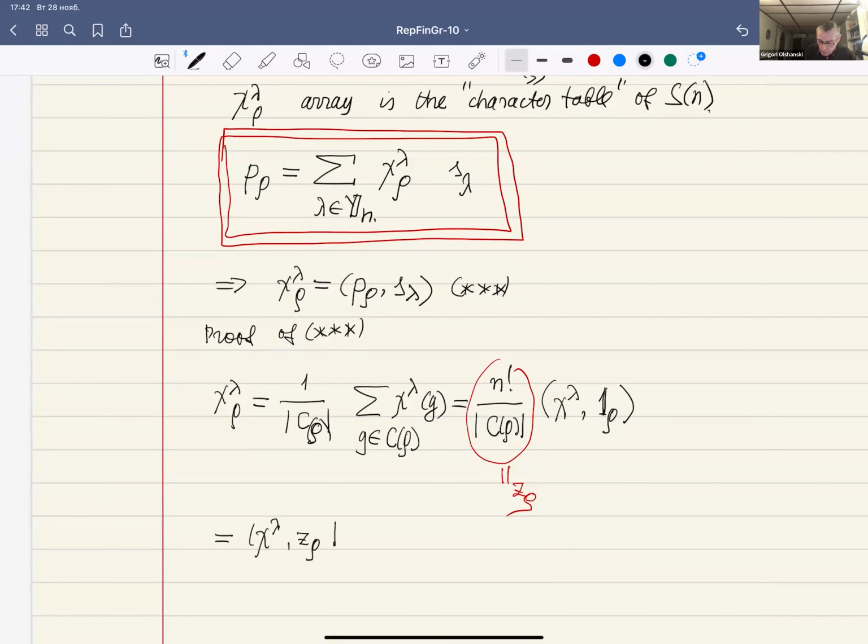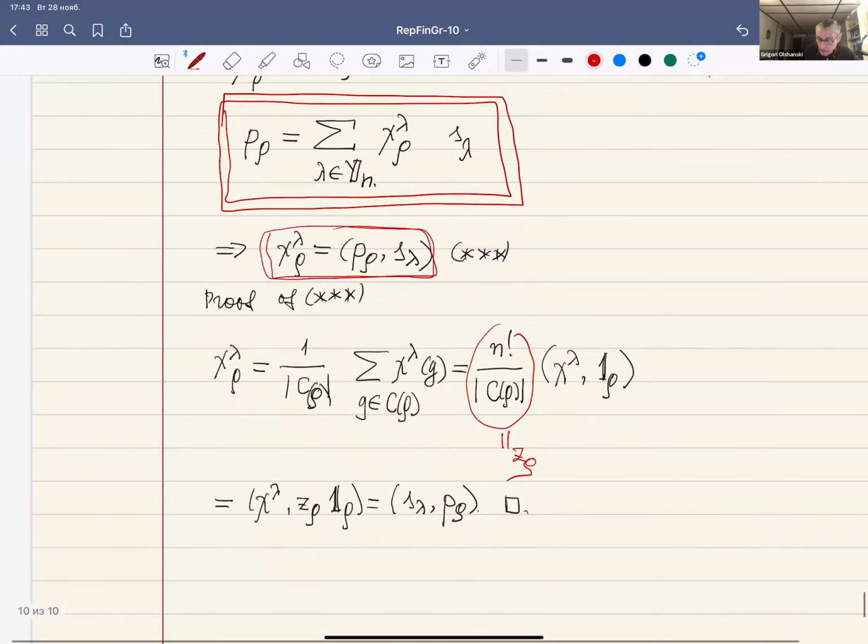And next we use the fact that we pass to the characteristic map, and we conclude that this is what we want. So we have proved this formula.